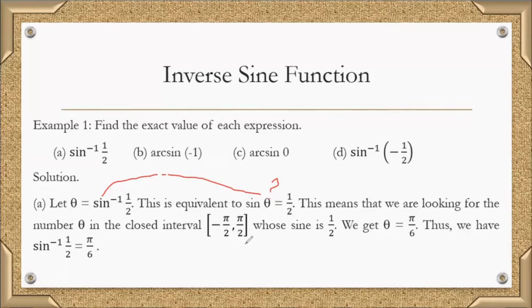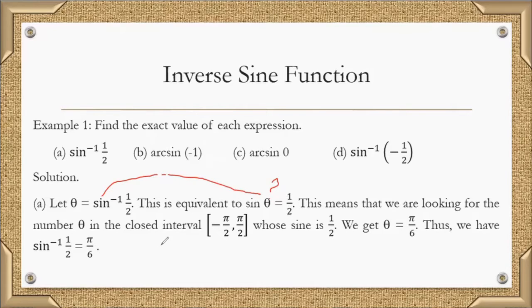So kaya meron tayong restriction. Gumagamit tayo ng closed interval, ang ating closed interval, negative pi halves, comma, pi halves, whose sine is 1/2. We get the value of theta under the restriction is pi over 6. Thus, we have the inverse of sine 1/2 is equal to pi over 6.